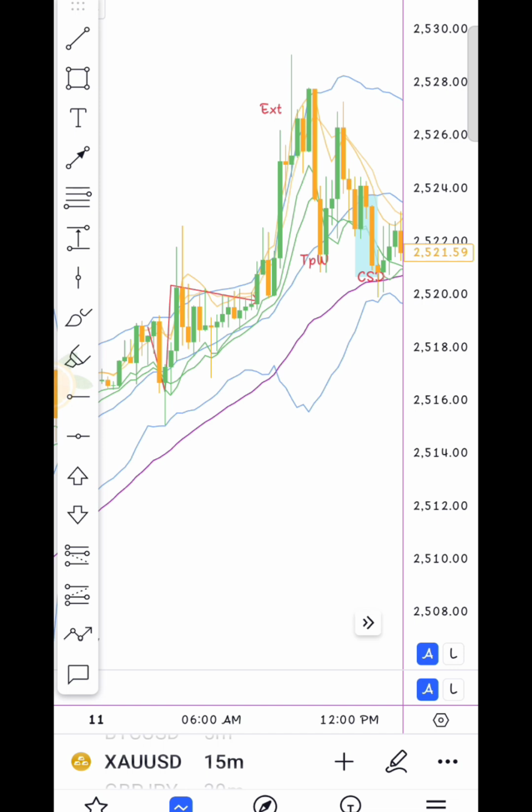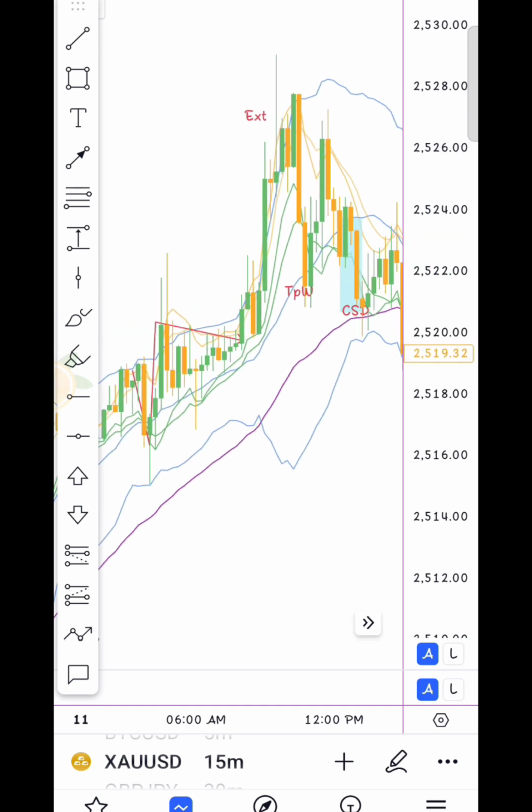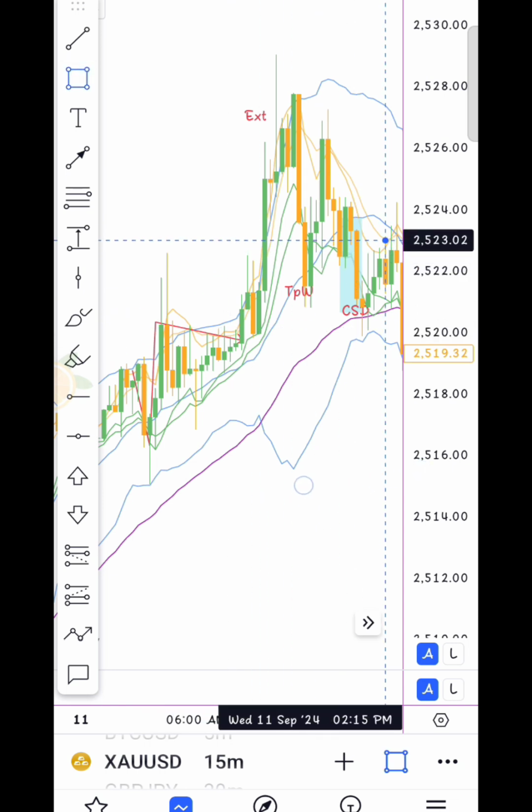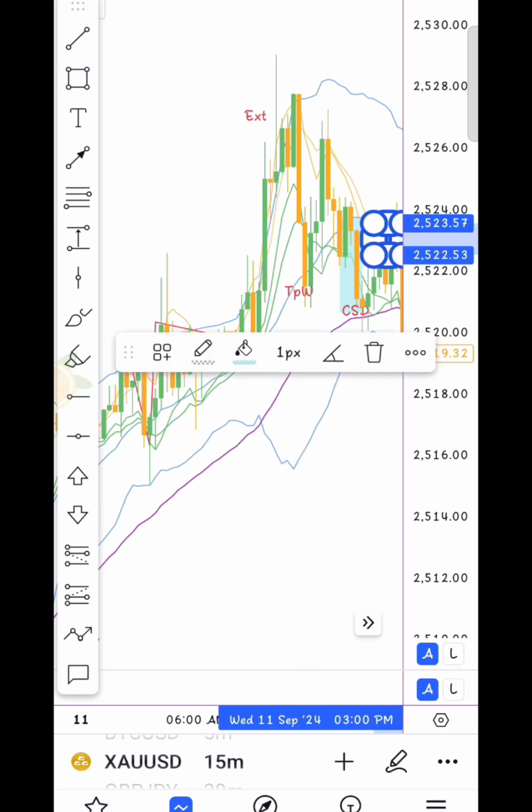Whenever we have CSD, we always expect price to come back and fulfill the full cycle of BBMA. That is, we wait at the re-entry now to sell. So we shall wait right about here at the re-entry, after we have seen the CSD.